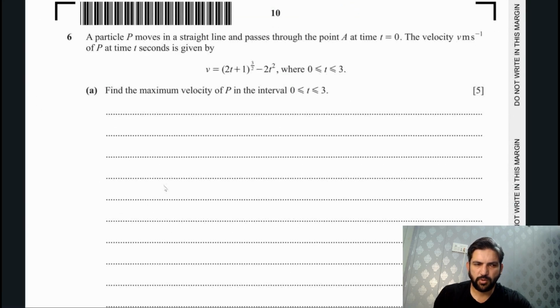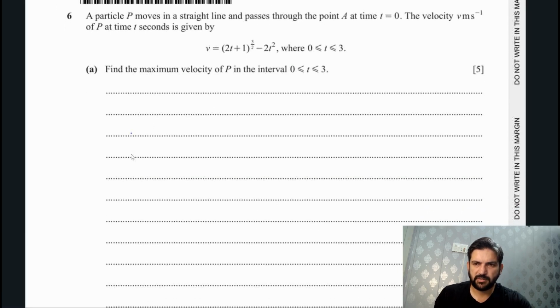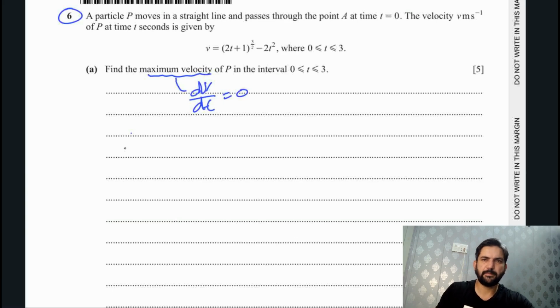Let's move to question number 6. Now in question number 6, the particle moves in a straight line. Find the maximum velocity. Now we know that when we have maximum velocity, it means dv by dt is equal to 0.